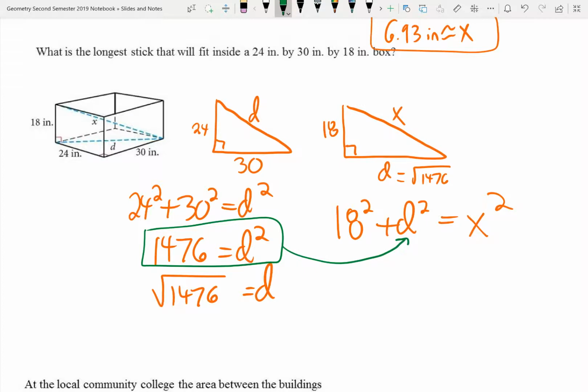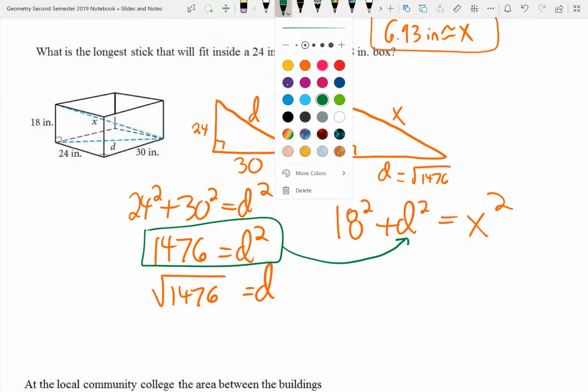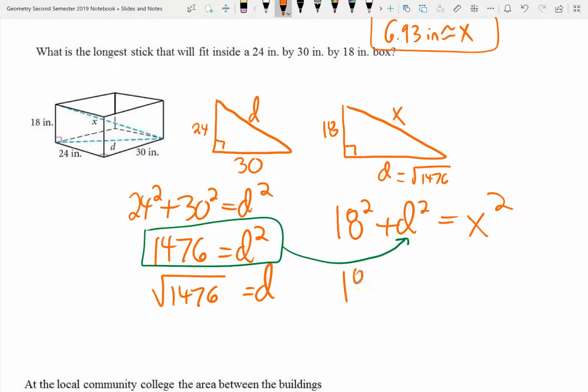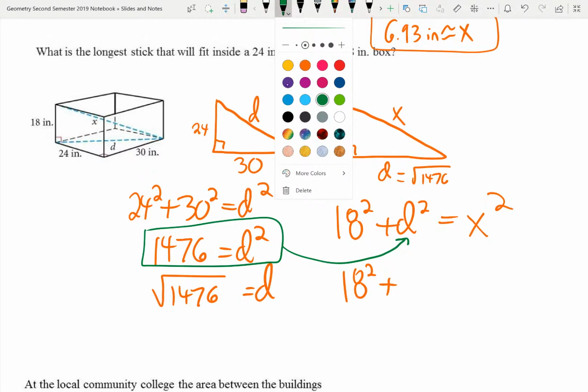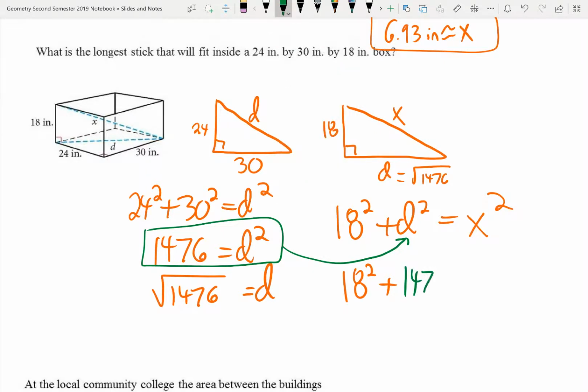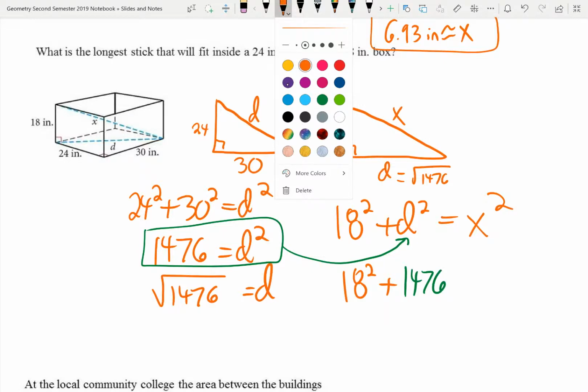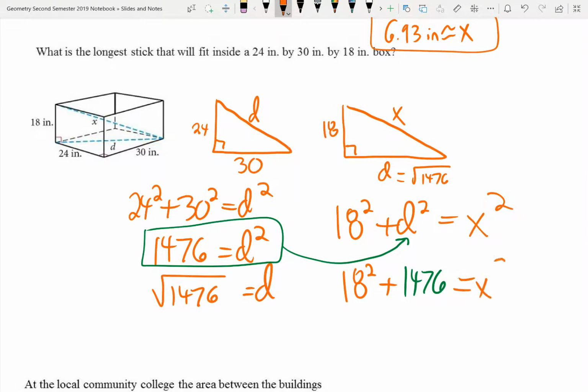So I can plug that over here, and then I will get 18 squared plus 1476. That's going to equal X squared. Okay. So you're plugging that in.